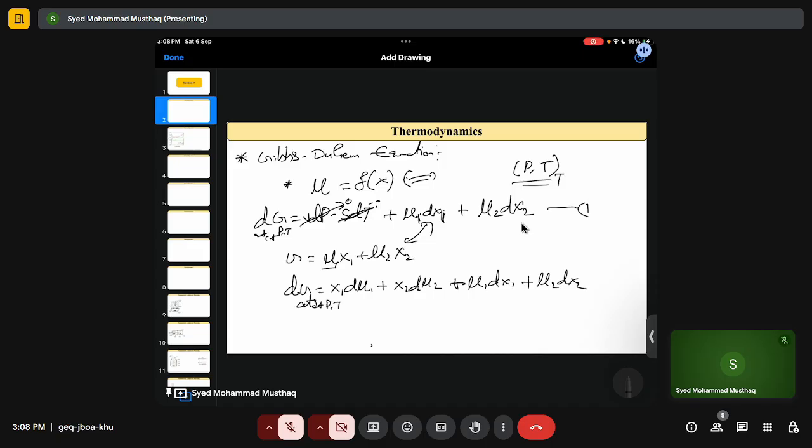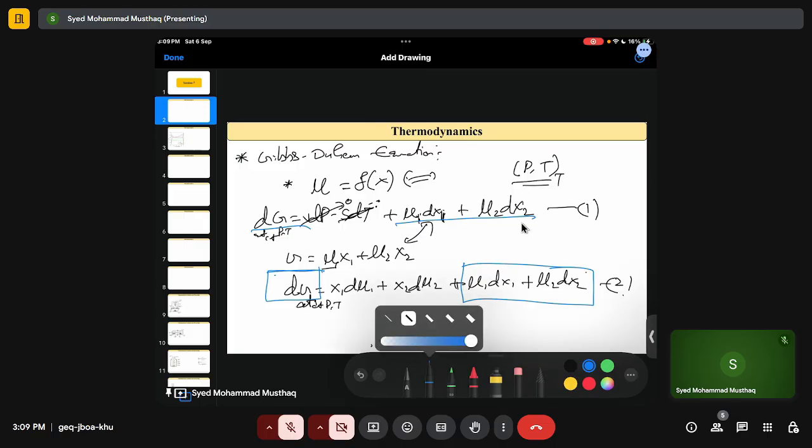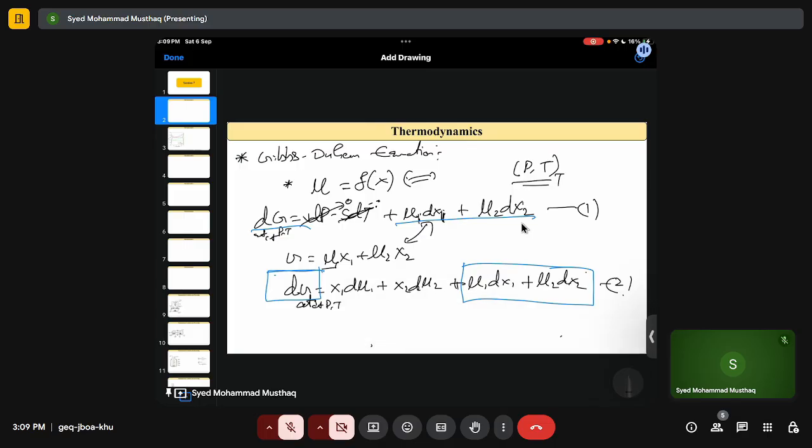Now when you compare this one and this one, these are equal, right? Because that's what we see here. So they cancel out. Now what is remaining is this term, which is equal to zero. There are many relations here from which you can even derive this.